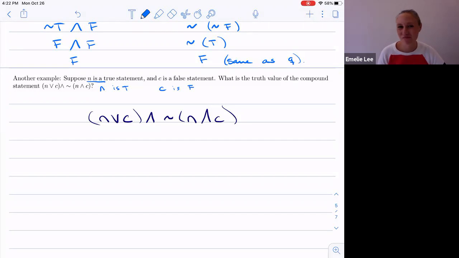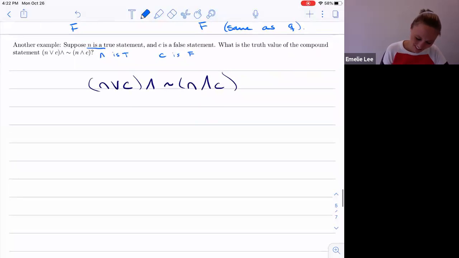Wherever you see an N, you're going to replace it with true, and wherever you see a C, you're going to replace it with false, keeping these brackets because they're going to be really important.